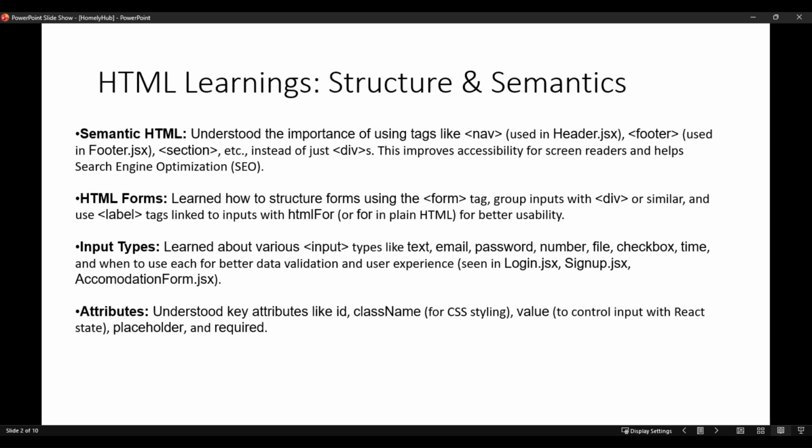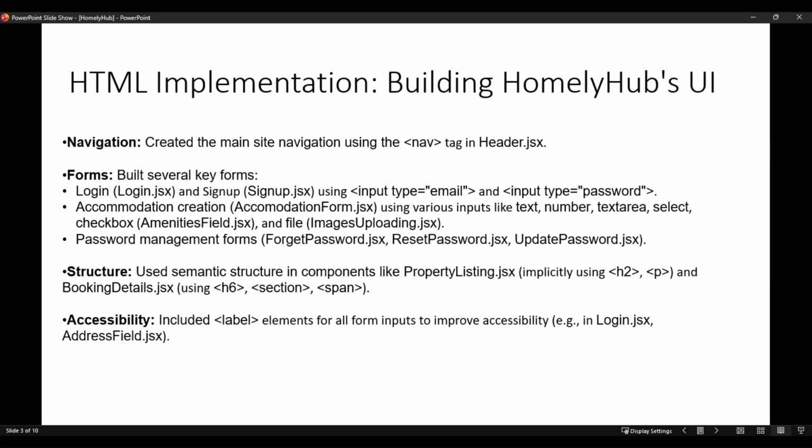I learned about various input types like text, email, password, number, file, checkbox, time, and when to use each for better data validation and user experience. I understood key attributes like id, className, which was used for CSS styling, value, placeholder, and required.